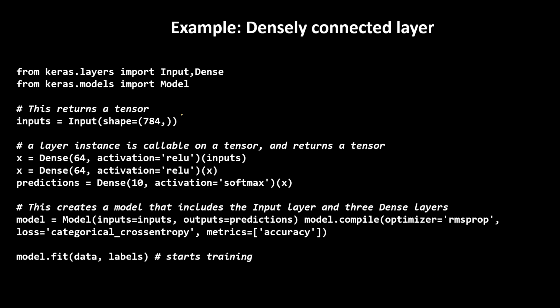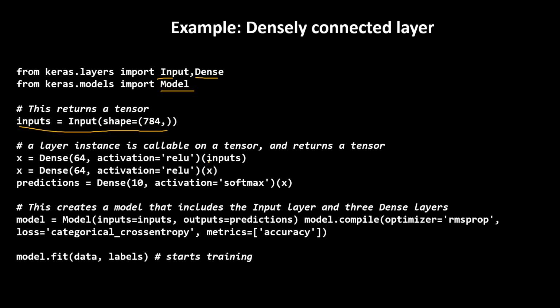Let's see, for example, how we can define a neural network model with the functional API. We will import the Input, the Dense, and then we'll import this functional API Model. We'll first define the input here, and then we'll define the next layer as x equal to Dense 64 with activation, and the input to this layer will be the previous layer.